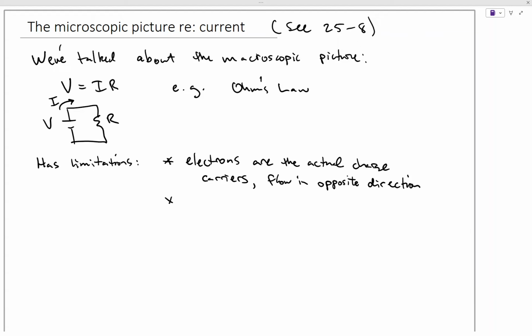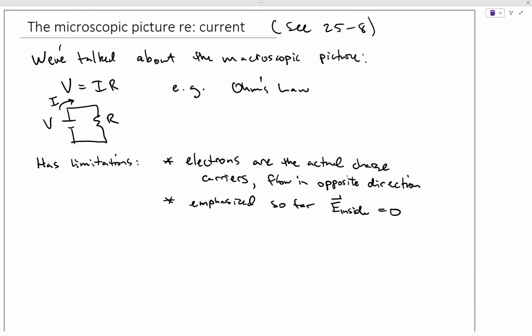Another limitation, or where what we've been talking about so far breaks down, is that we've emphasized the fact that inside of a conductor, E is always 0.